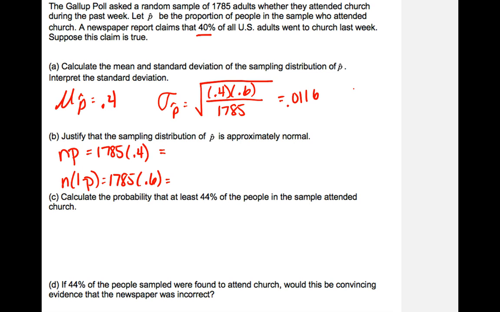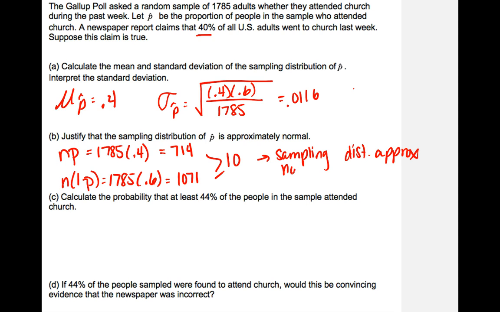So 1,785 times 0.4 is going to give me 714. 1,785 times 0.6 will give me 1071. So because these are both greater than or equal to 10, my sampling distribution is approximately normal. Which again ultimately tells me that I can use z-scores.